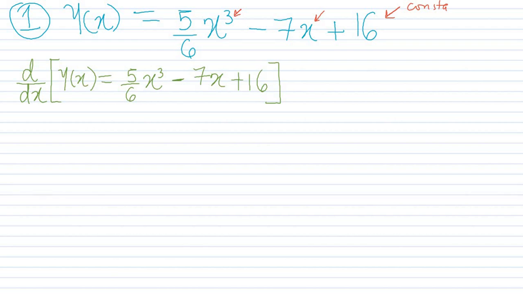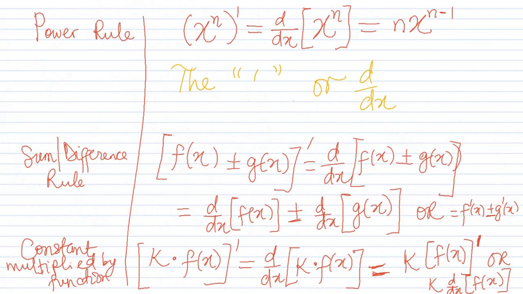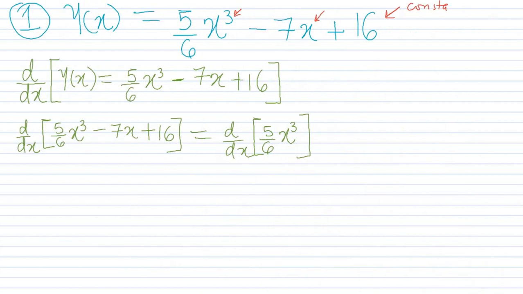Then you have d over dx of 5 over 6 x cubed minus 7x plus 16. So this is equal to d over dx of 5 over 6 x cubed. Now guess what we're applying? We're applying the sum or difference rule right here. First of all, that's what we're going to apply. Just keep watching.